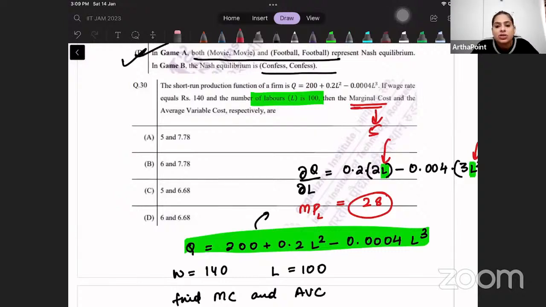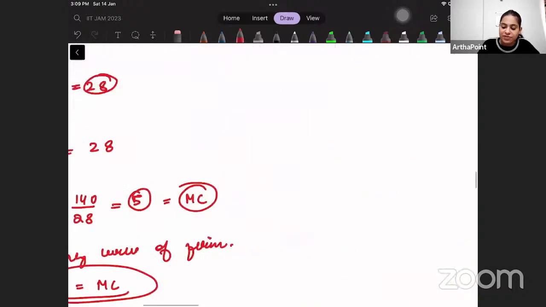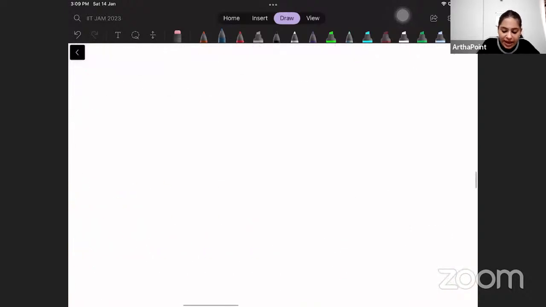Now let's talk about the average variable cost. What is average variable cost? Average variable cost will be total variable cost by output.